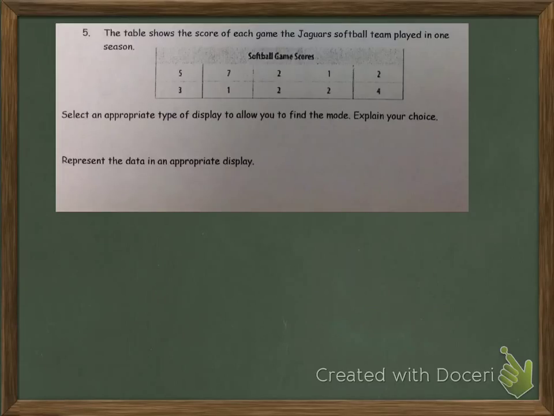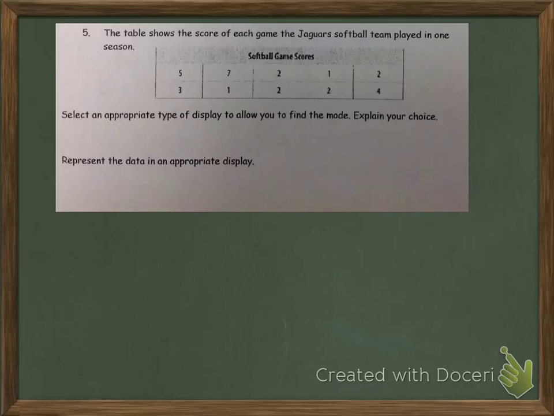So, number 5 says that the table shows the score of each game the Jaguars softball team played in one season. Select an appropriate type of display to allow you to find the mode. Explain your choice. So we've got to figure out which one will tell us an individual thing of the most. And that's like number 1.